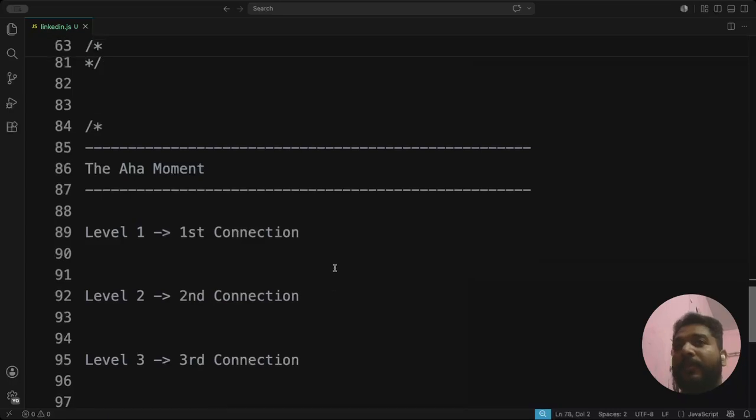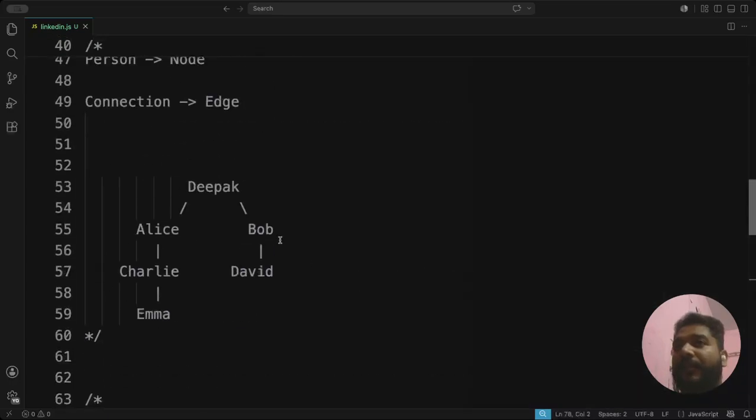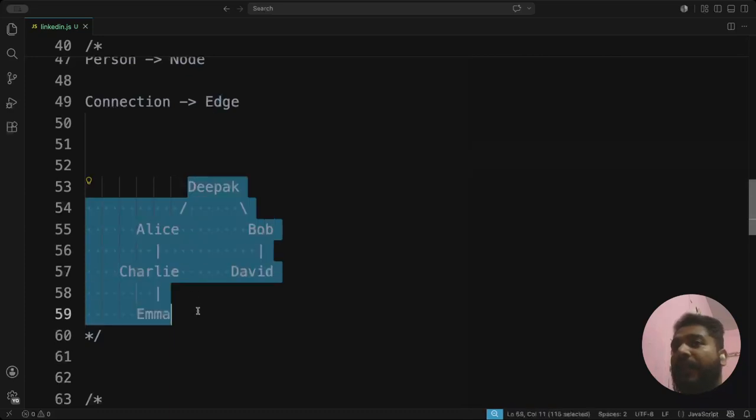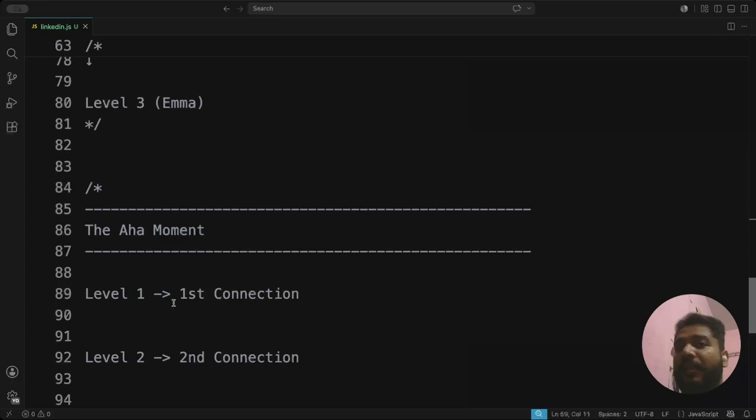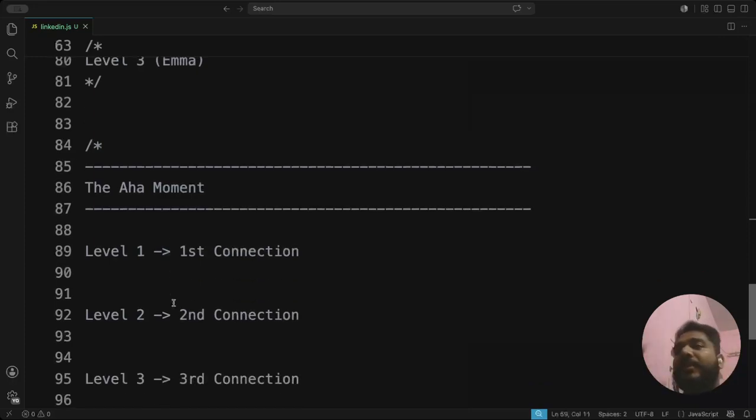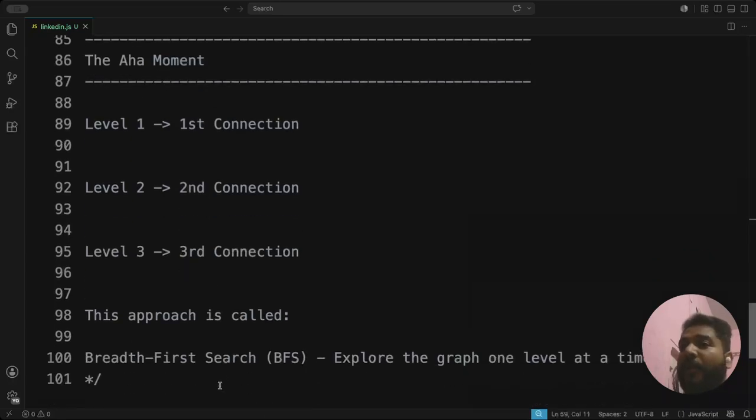That's why, with Alice and Bob, I have a first connection. With Charlie and David, I have a second connection. With Emma, I have a third connection. Now you see we traverse the graph one level at a time. This approach has a name in data structures and it is called breadth first search, BFS, because we explore the graph one level at a time.